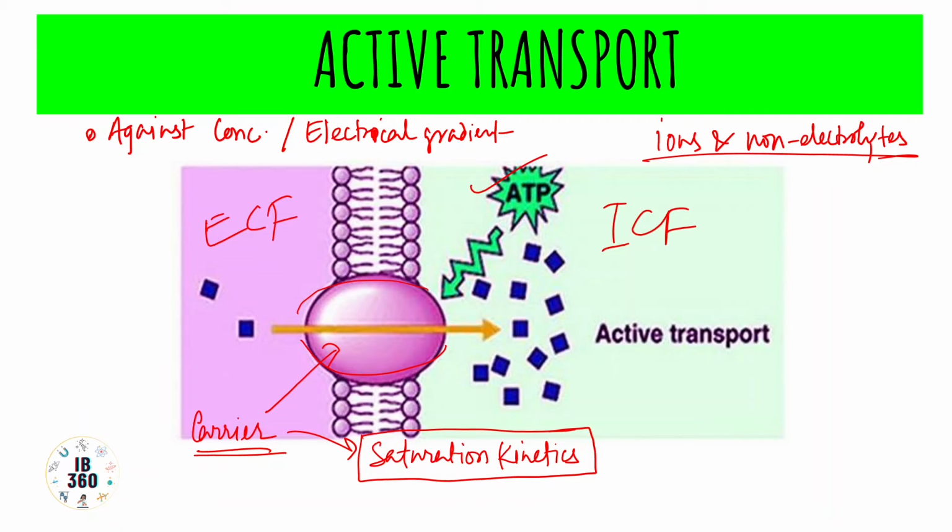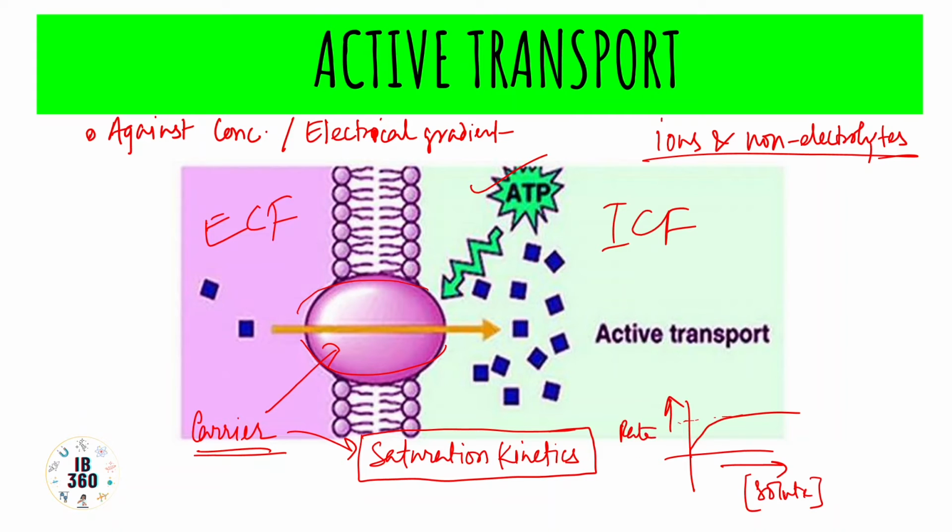So it is almost like this. So even after increasing the solute concentration, the rate will be this, even after we increase. So this is solute concentration, and this is rate.